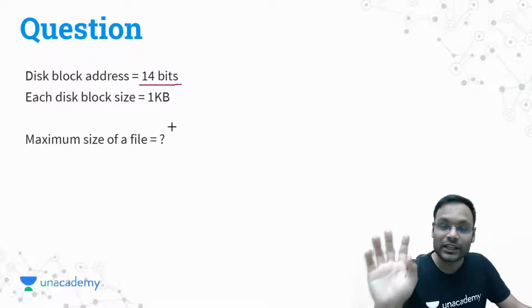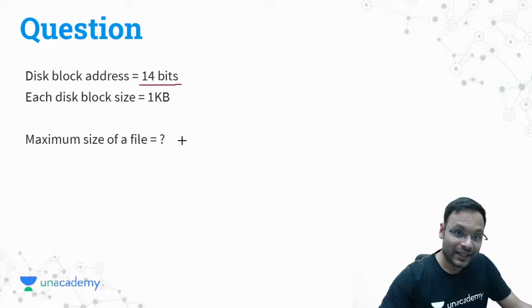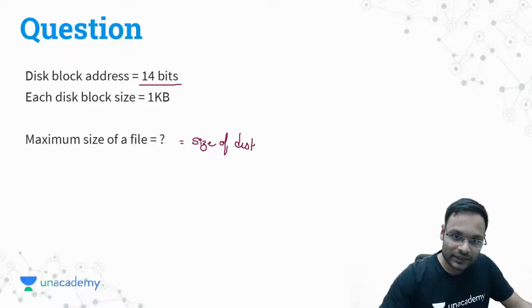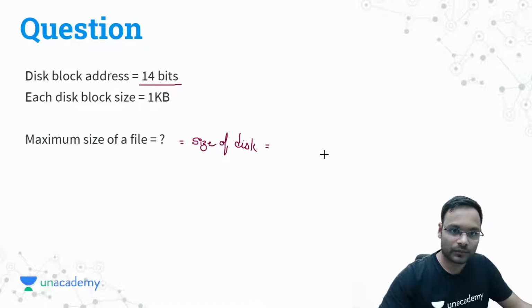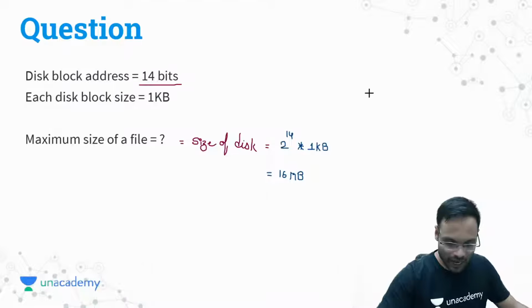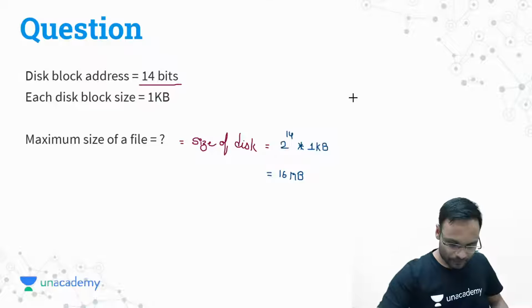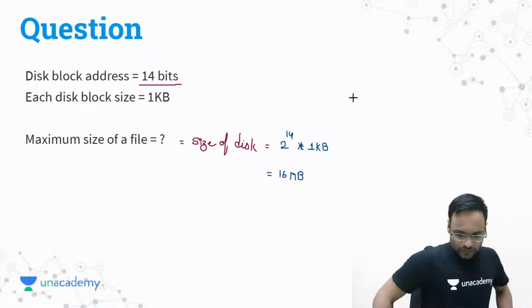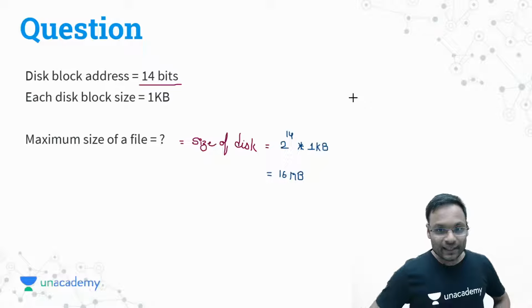Each block size is 1 kilobyte, hence the maximum size of file is equal to the size of disk, which is 2 power 14 blocks times 1 kilobyte, becoming 2 power 24 bytes, which is nothing but 16 megabytes. Do you agree with this point? Okay, very easy.